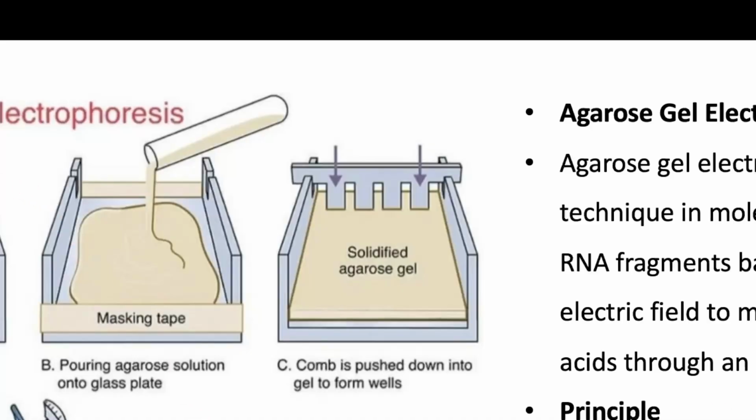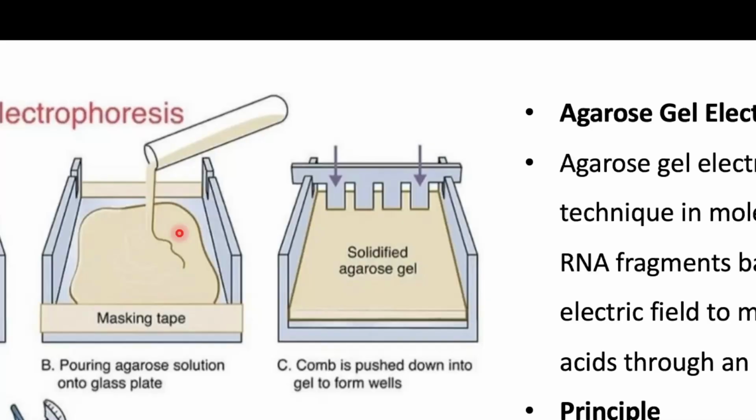So this is the procedure by which an agarose gel is made, or agarose gel electrophoresis. We have a casting tray here with a glass plate, and you seal these ends with a tape and pour the heated agarose solution. And depending on the percentage of agarose gel you have, you can resolve different sizes of band.